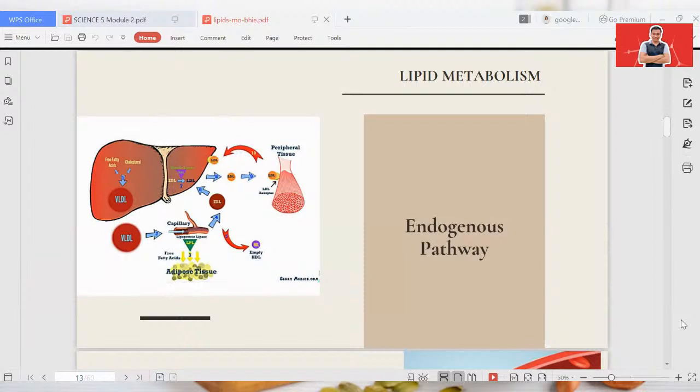To go into the circulation, it comes in contact with lipoprotein lipase. It breaks down the triglyceride inside the VLDL, and the free fatty acid, free cholesterol, and the glycerol will pass through the capillary walls and ma-store na siya sa ating tissues or cells as energy.